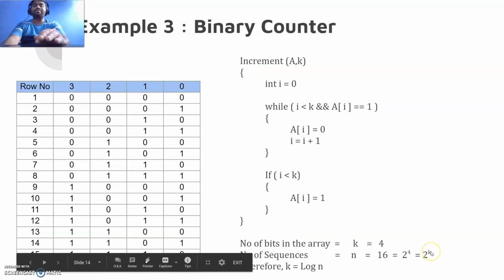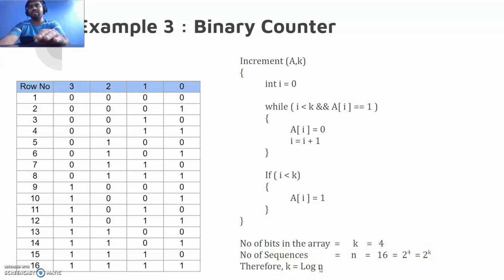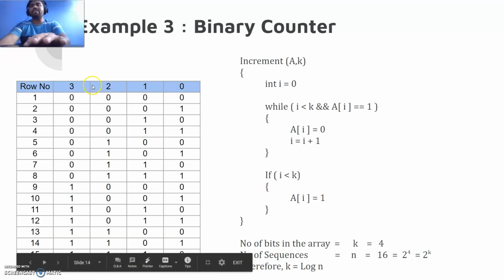So n is equal to 2 raised to k. When n equals 2 raised to k, we know that k is always equal to log of n. So the number of bits, which is k, is always equal to log of n.